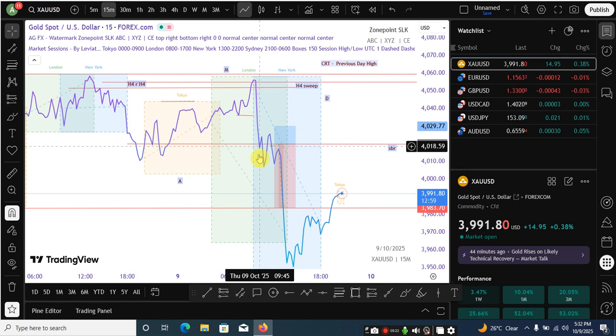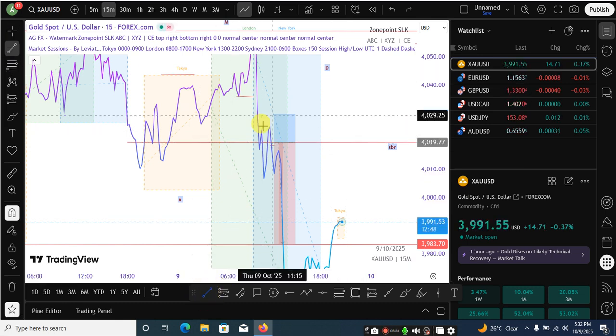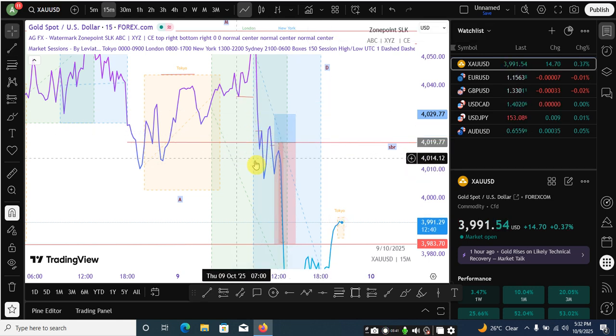After this break, I look for a liquidity, which is an inducement, right? After this SBR, I saw this as an inducement. I don't just mark it out because I know what I was doing. This was around 10 o'clock, you can see.